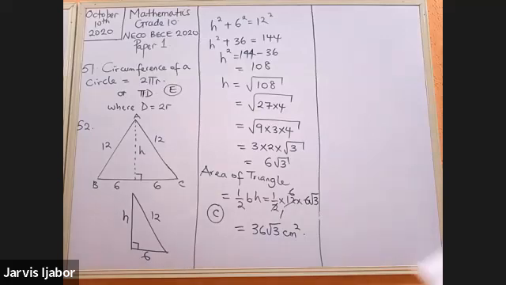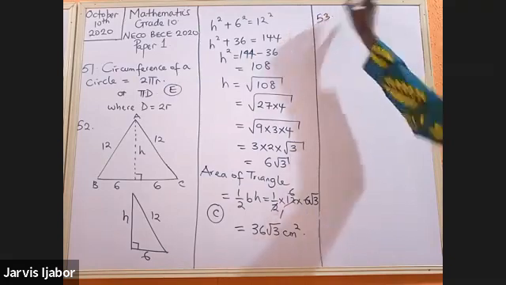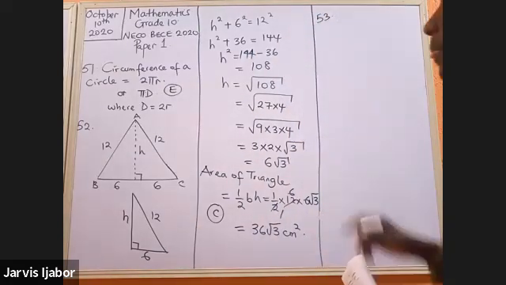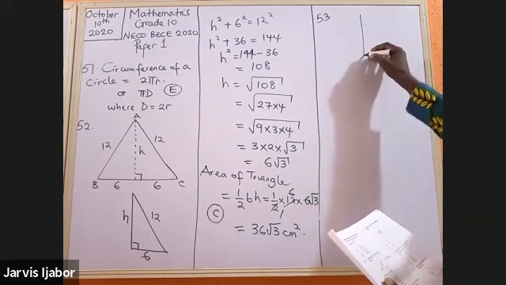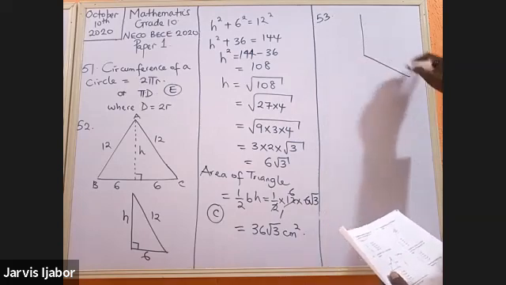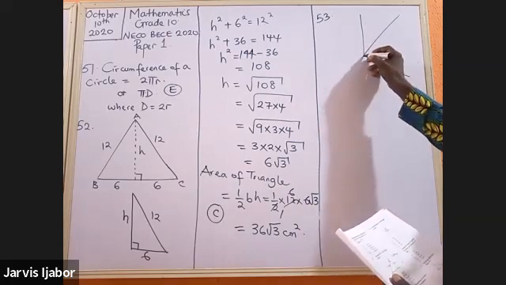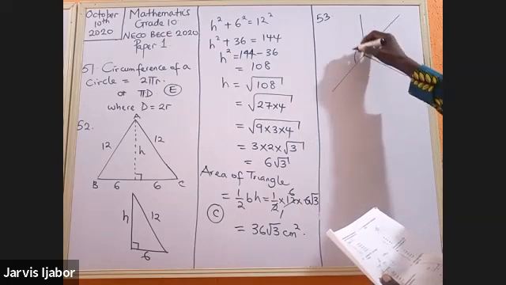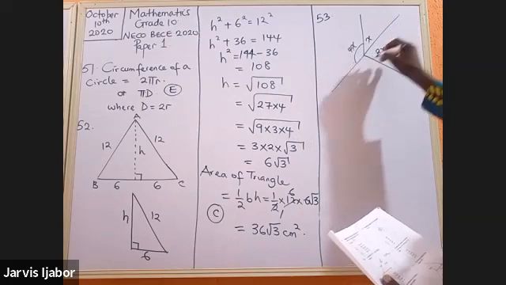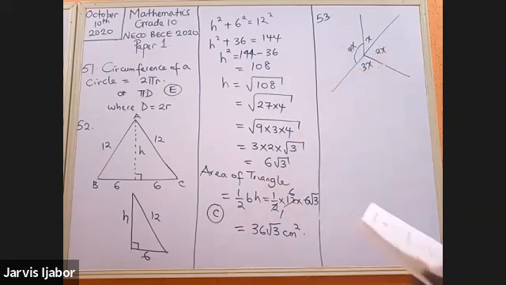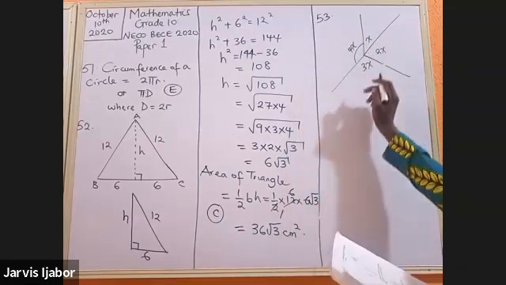Let's go to the next one, question 53. 53 will test your knowledge of geometry. It says find the value of x. So how do we look for the value of x? It will mean that we'll add up all the angles together and equate it to 360.